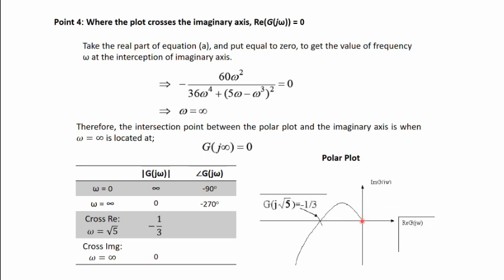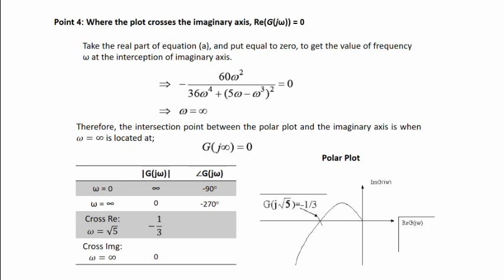So from minus 90 it will come like this and approach the origin from the direction of minus 270 degrees. At the point where it crosses the real axis, the magnitude is minus 1 upon 3, and it crosses the imaginary axis only at omega equal to 0. So that is the nature of the polar plot.